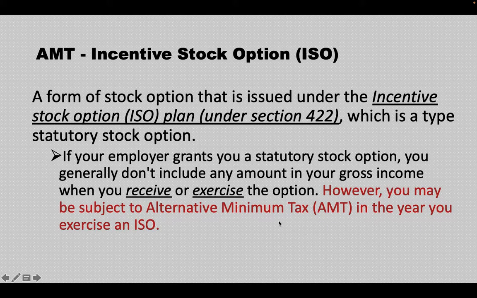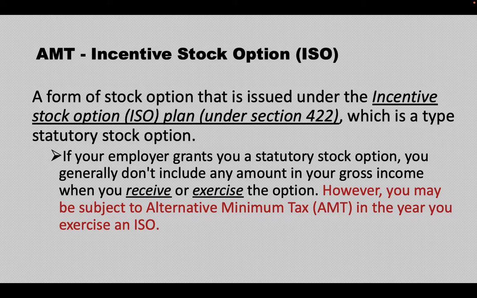Only when you sell, and you meet the tax holding period, you will be taxed at a favorable tax rate, which is the long-term capital gain tax rate. However, because of the favorable tax treatment, there's an alternative minimum tax implication here.